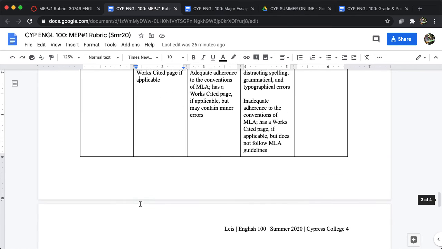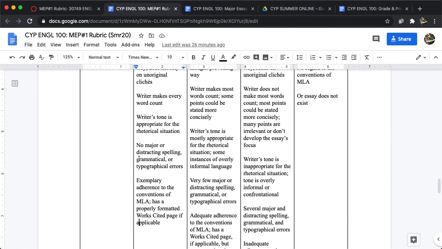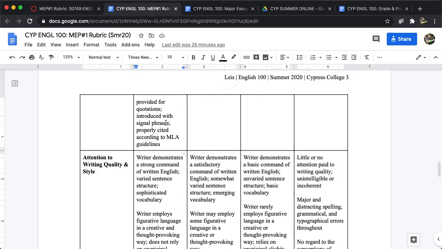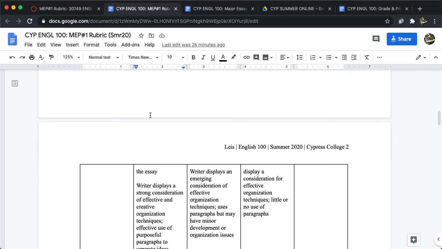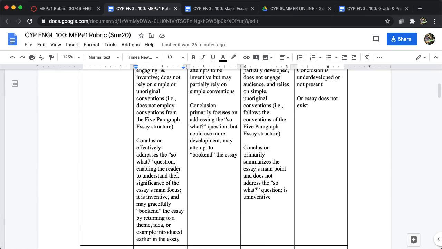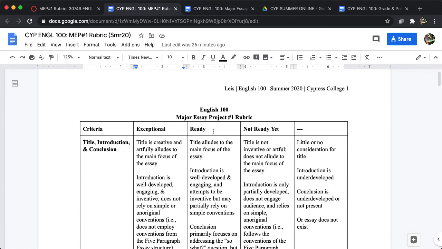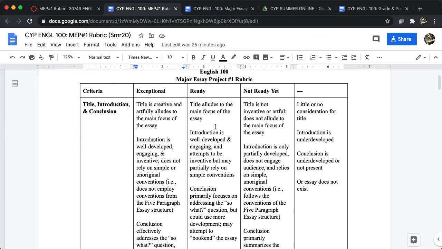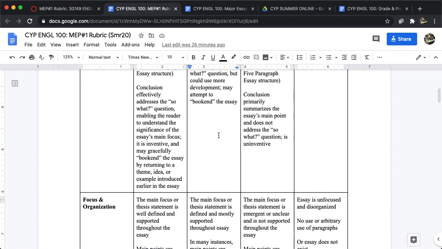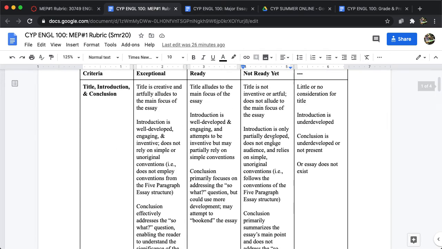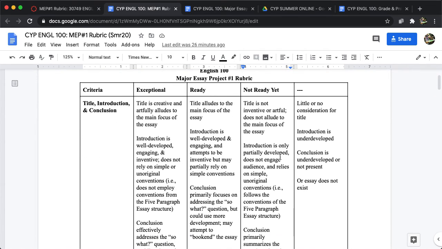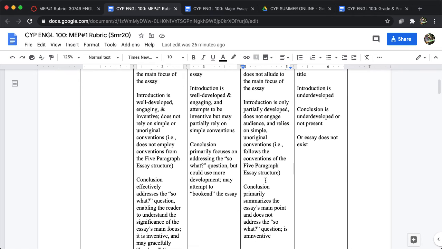So those are the different characteristics of what an exceptional paper is going to look like. It's going to adhere to these things. It's going to have all of these characteristics. Just as a ready paper, a paper that's deemed ready, will have its own set of characteristics. And then the not ready yet will have some characteristics that could deem it not ready, right?